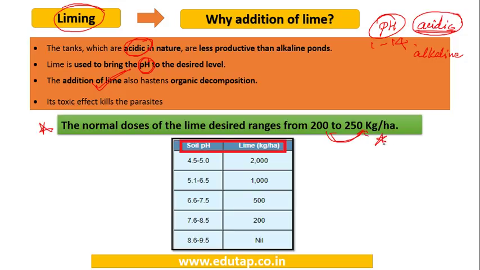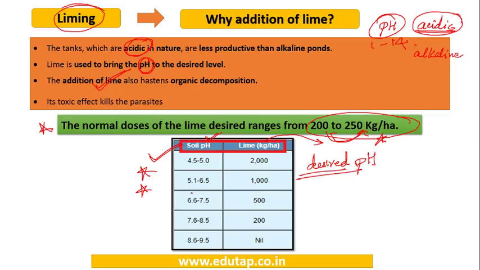Now we should understand that this particular value is given in general. This particular tabular column is very, very important for us. You can see here that based on the soil pH level, how much lime needs to be added to obtain a desired pH level. You need to memorize it.